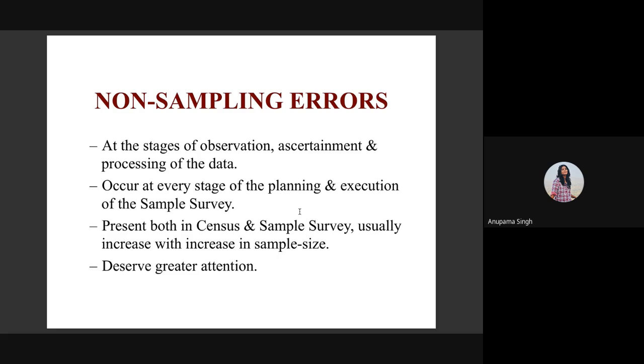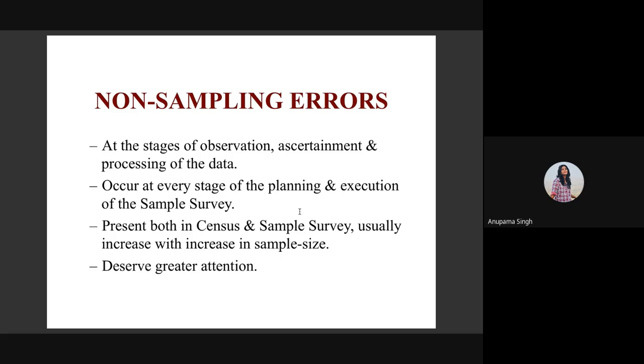So if one individual is not entering the value in the correct manner, for example, if he or she is collecting data on income, and we have different classes of income in the questionnaire in which he has to put some value, right? And if the interviewer does not understand it, or maybe is doing it on purpose, and is not putting the value in the correct option, then he will continue the same error again and again, right?